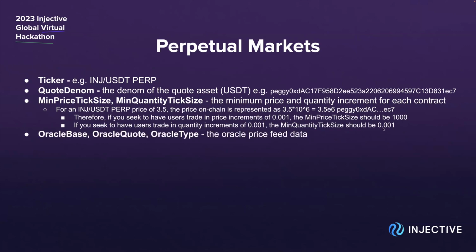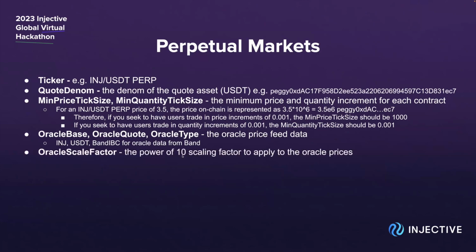They also have Oracle data that markets must specify, which in this case include Oracle base, Oracle quote, and Oracle type. So currently on mainnet, we use INJ for the Oracle base, USDT for the Oracle quote, and Band IBC for the Oracle type.